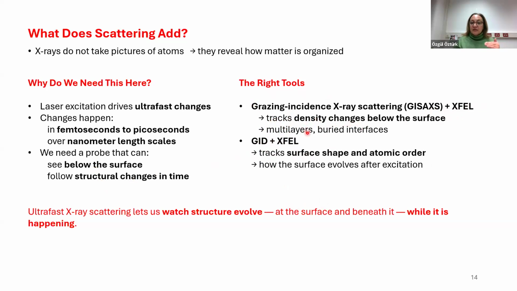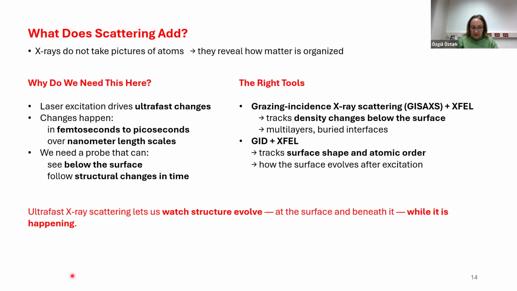We can see the multilayers and interfaces, and via GID, I can track the surface shape and atomic order and see what's happening in time after excitation.